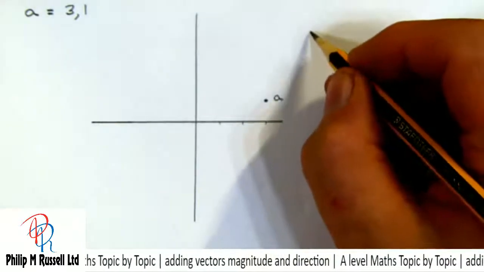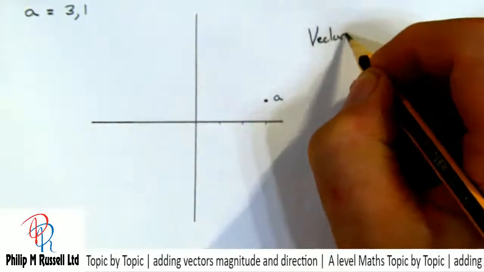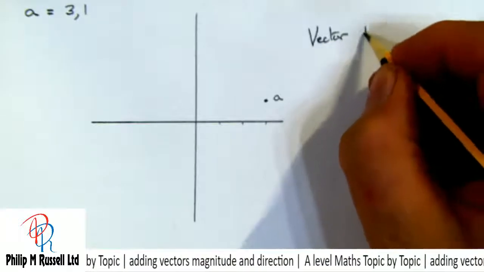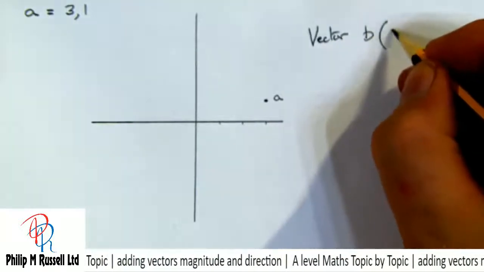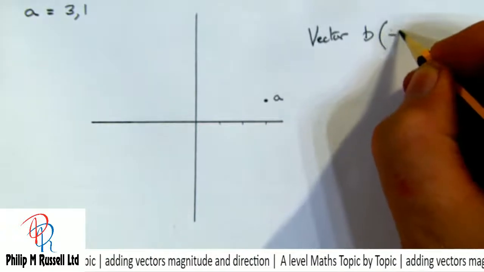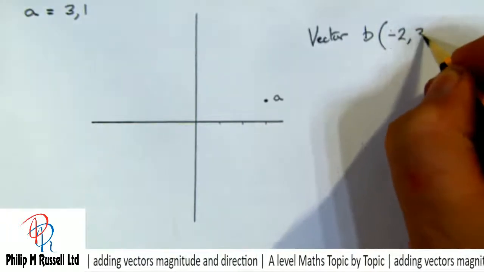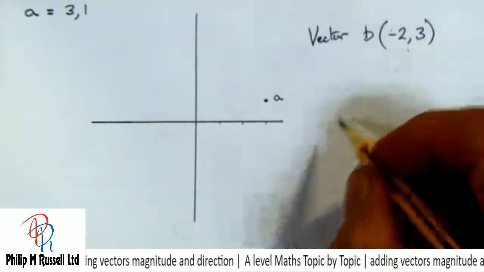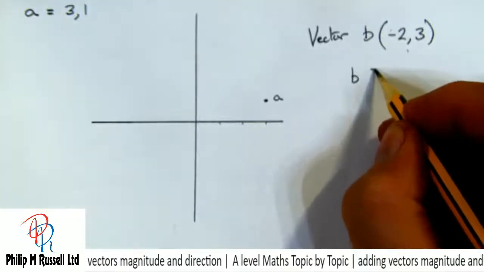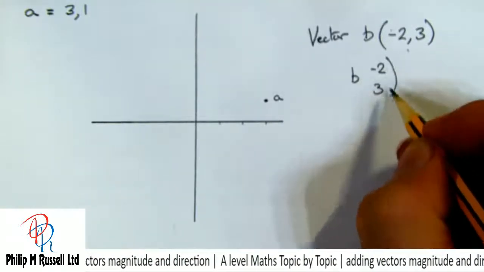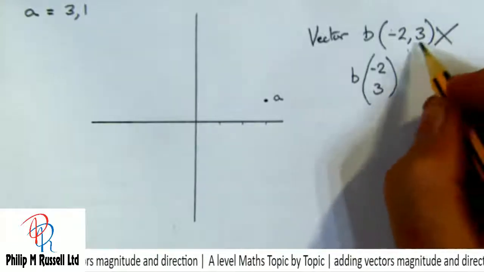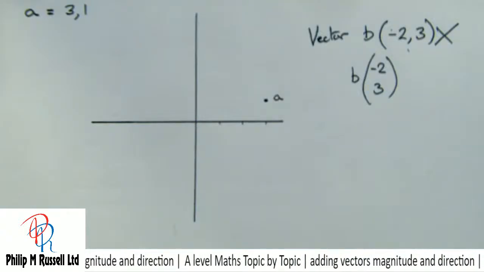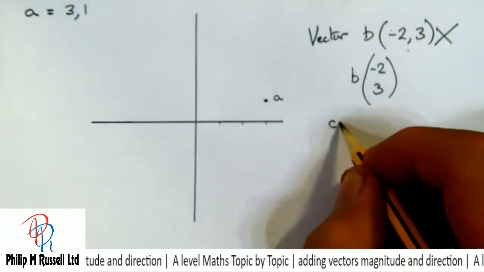And I can set up here some sort of vector, let's call it B, and this is going to be -2, 3. Now, we wouldn't normally write it like that. Let's write it as a column, -2, 3. We write it this way, and we see that this is now a column vector.